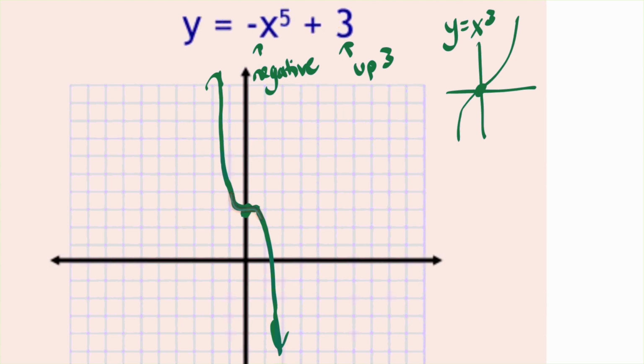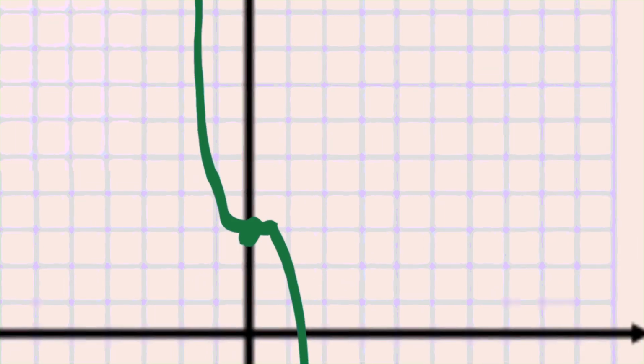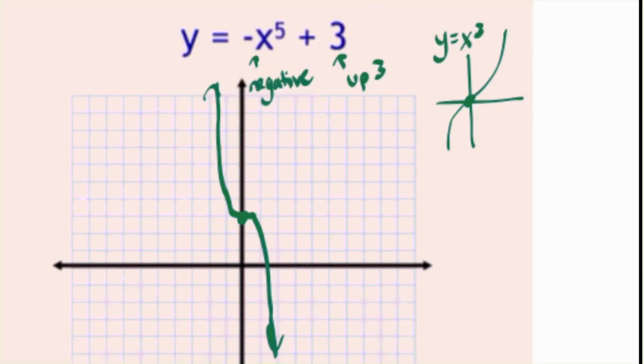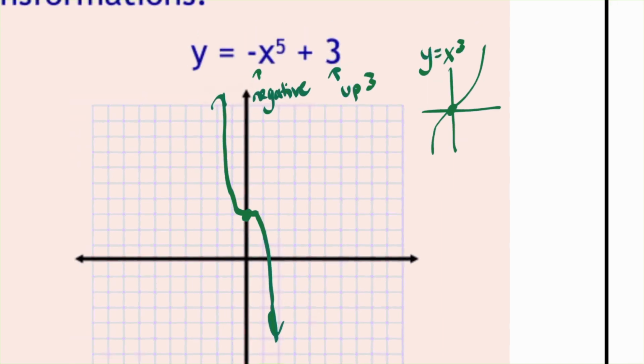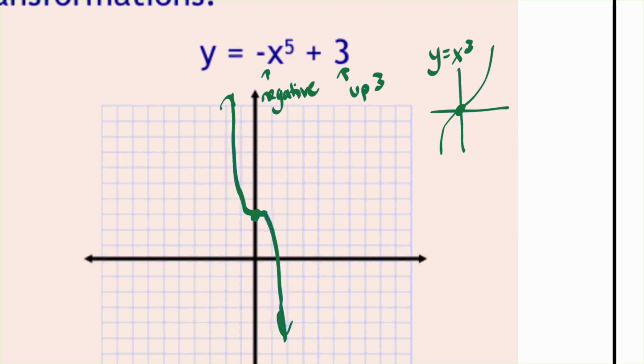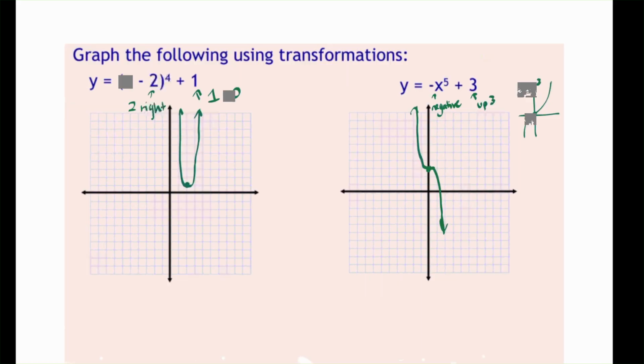If you zoomed in, it wouldn't be horizontal, but as you draw it, it looks almost horizontal when it's at that key point. So knowing the power functions helps us to know what exactly I'm transforming, and it helps me to know how it compares to the cubic graph and the quadratic graph.